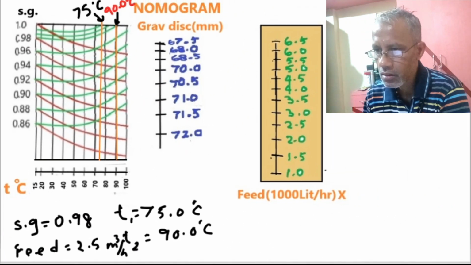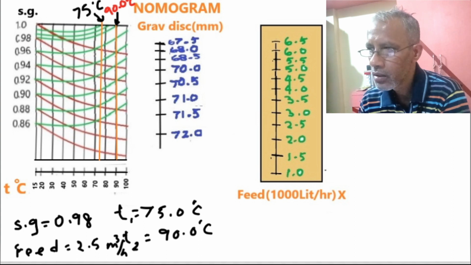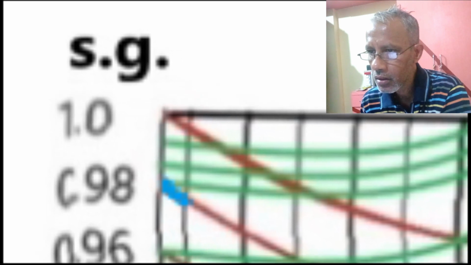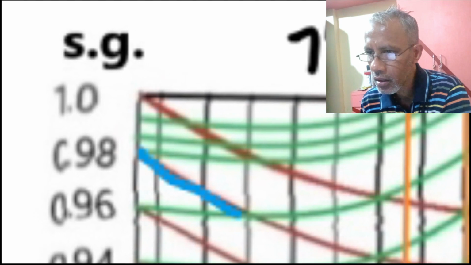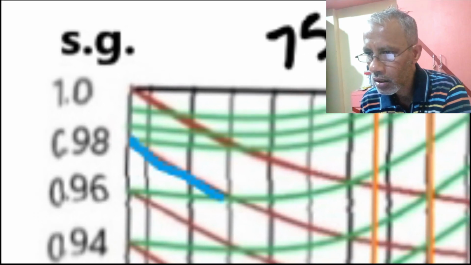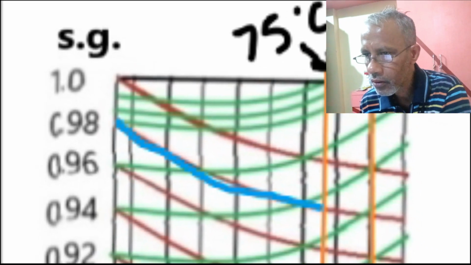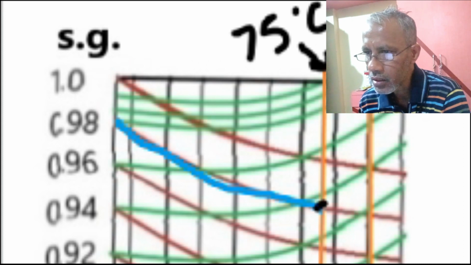Let's trace the curve for specific gravity of 0.98 right up to the 75 degrees Celsius line. Next is to draw a parallel line right up to the 100 degrees Celsius line.